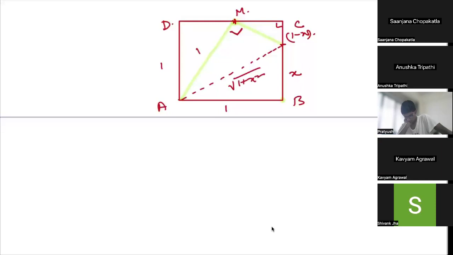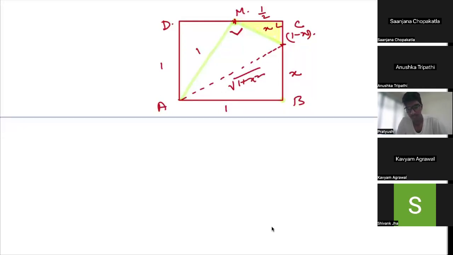This is length 1, and this is again x. This is the diagram. I hope everyone is getting this, right? So if I go with any one of the triangles, that will fulfill all our requirements.